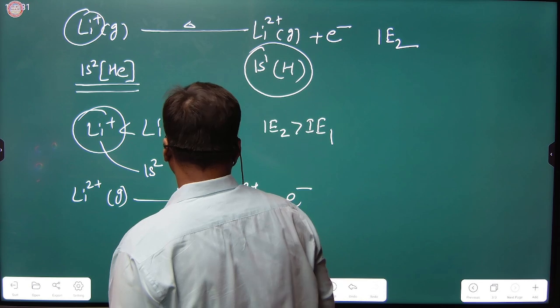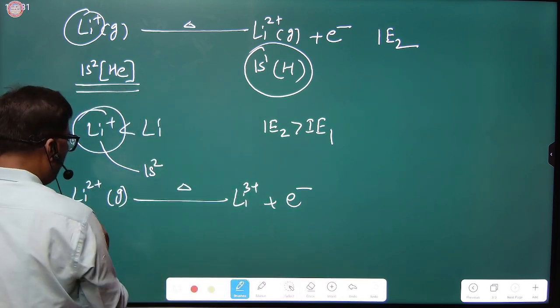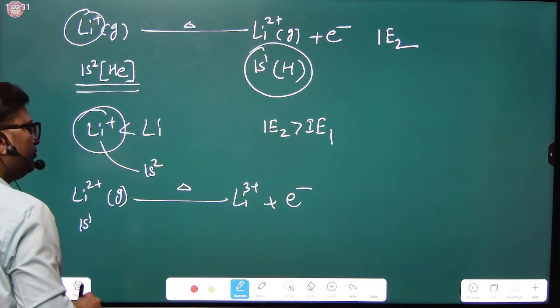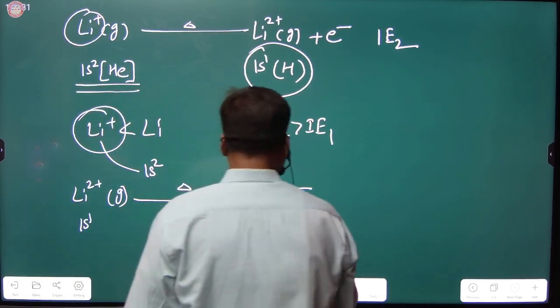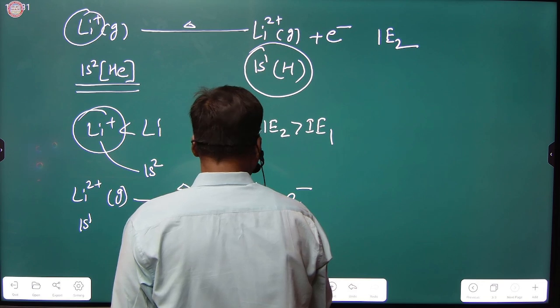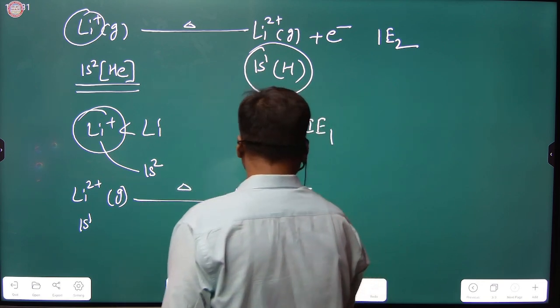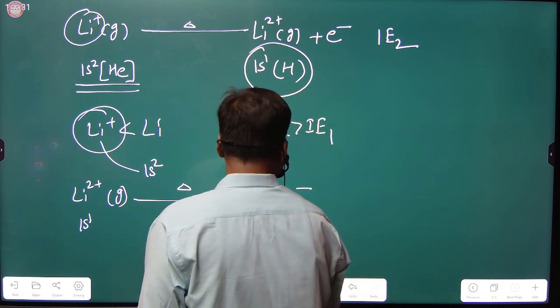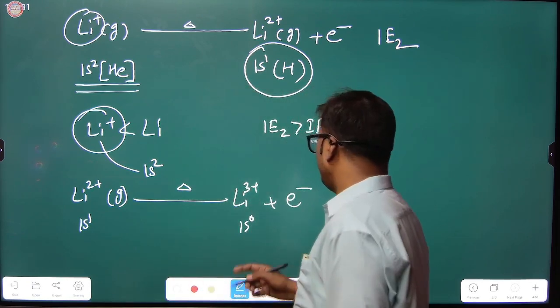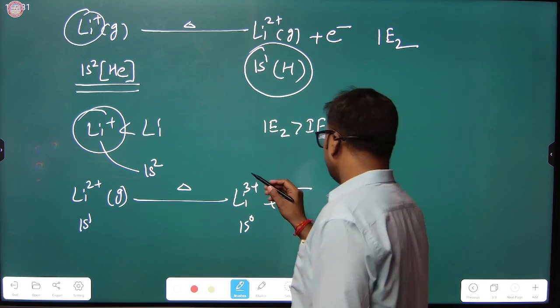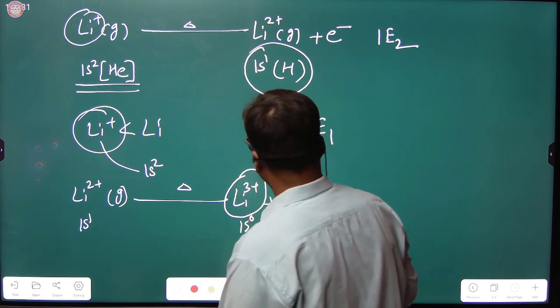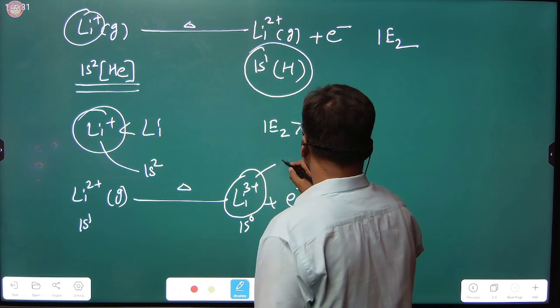So this is your 1s1, and there is 1s0, right? So there is no electron present in the system, and this is not stable in nature.